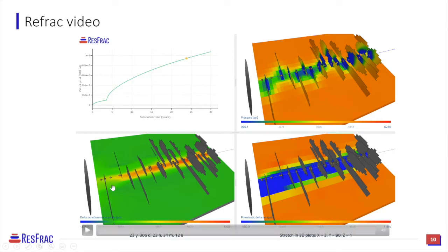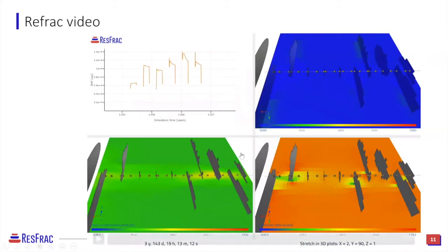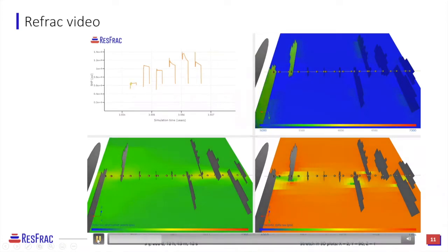So what I notice here is that the fracture density looks much greater on one side than the other. So if I take another view, we might see what is happening here. This is just playing the refrac portion.